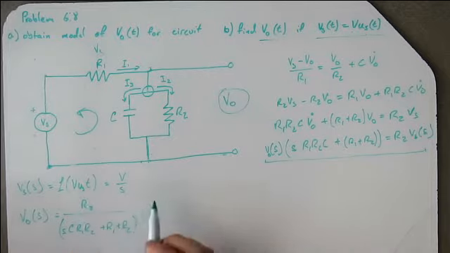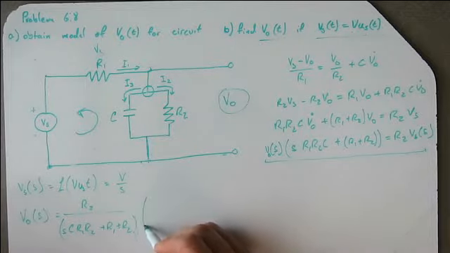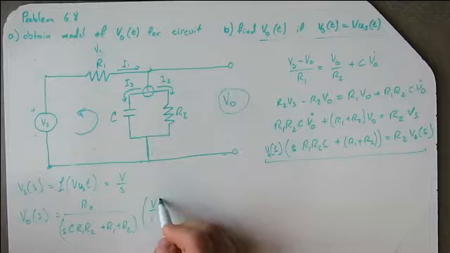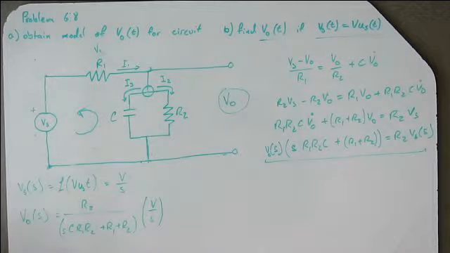This is R2. And then we're multiplying that by V over S. And actually here you can see this is the transfer function right there. Awesome.